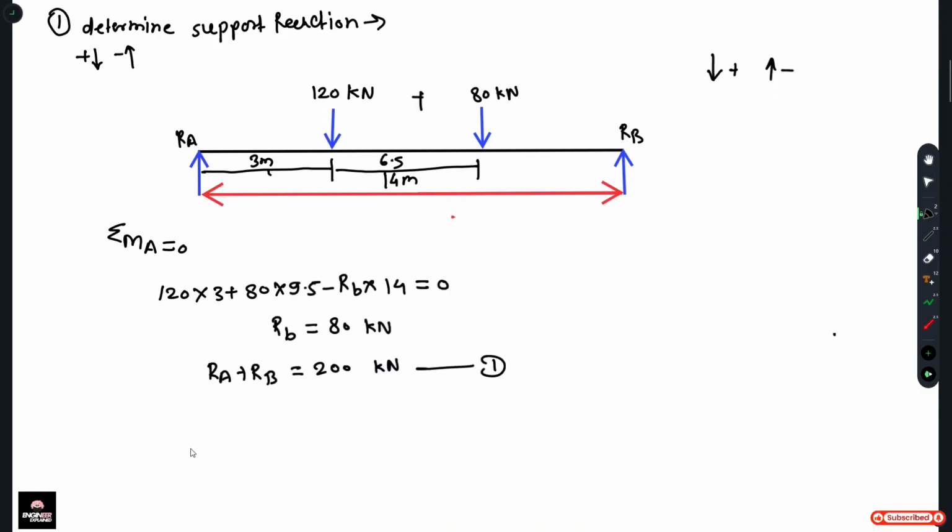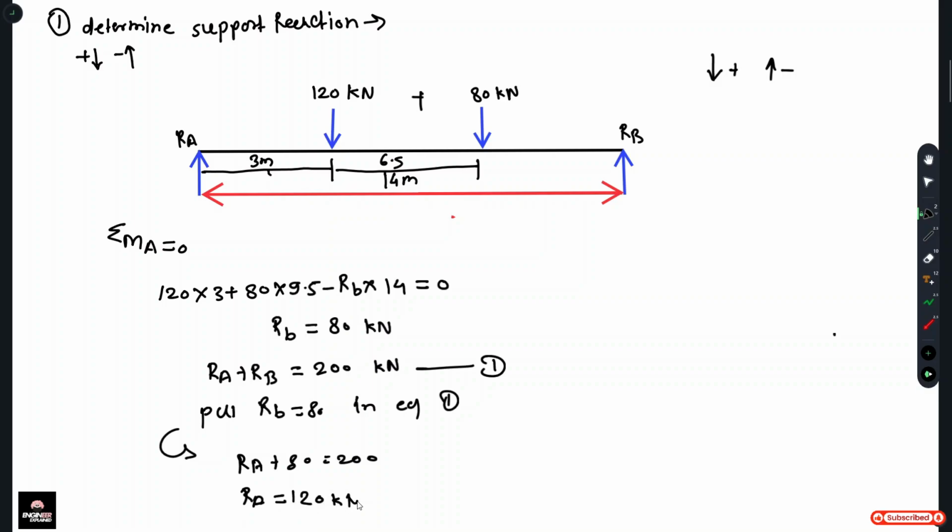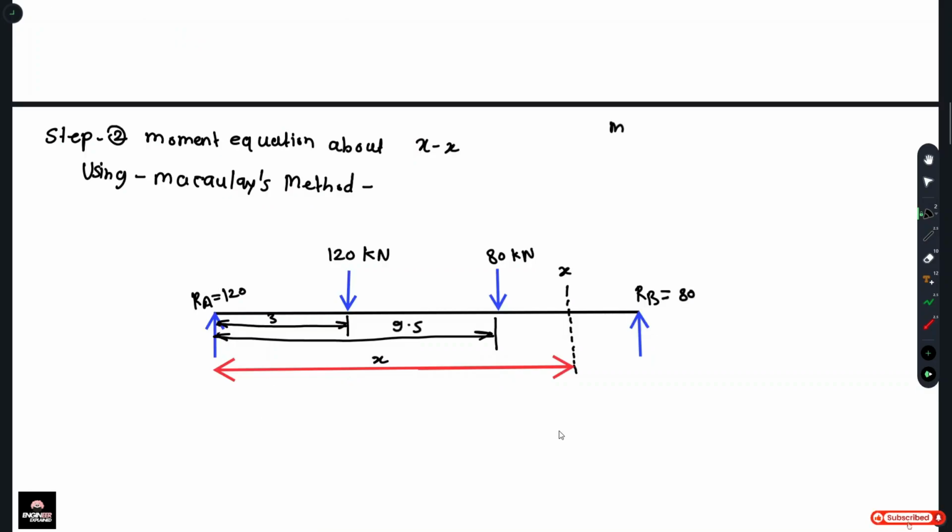Next, put RB is equal to 80 kilonewton in equation 1, and we get RA plus 80 is equal to 200, so RA is equal to 120 kilonewton. Draw such a diagram and write down the values: RA is equal to 120 and RB is equal to 80.